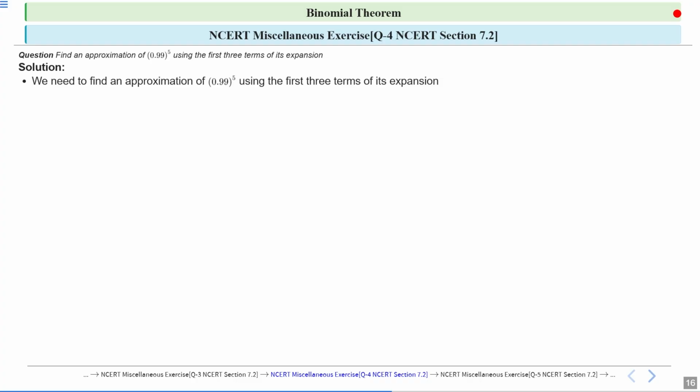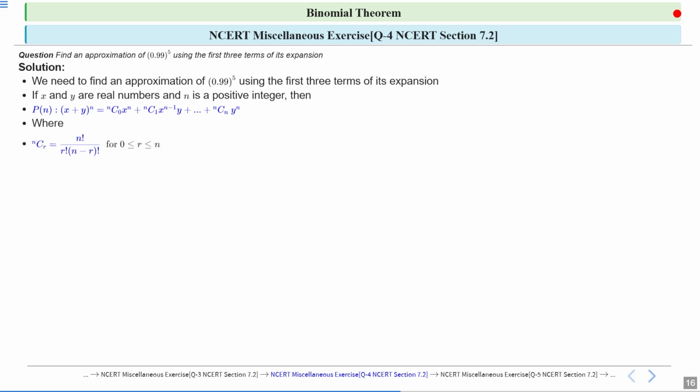So if x and y are real numbers and n is a positive integer, then (x + y)^n is equal to nC0 x^n + nC1 x^(n−1) y + ... + nCn y^n, where nCr is equal to n factorial upon r factorial times (n − r) factorial for 0 ≤ r ≤ n.